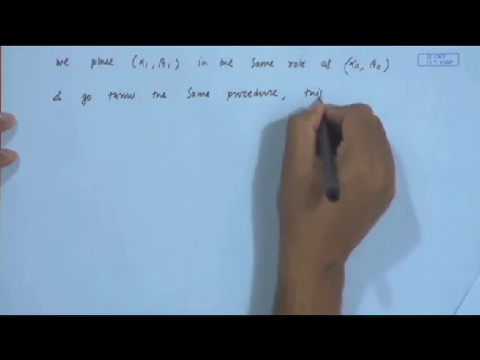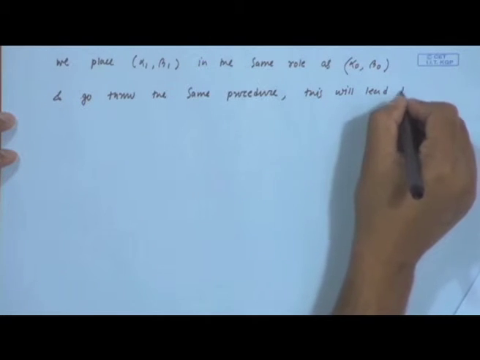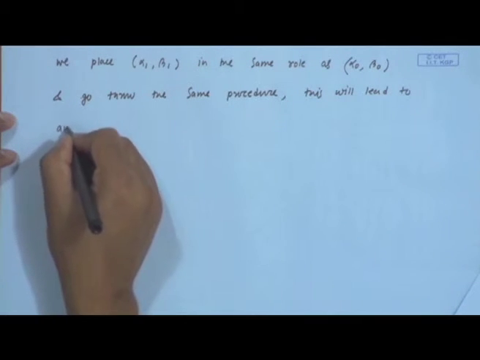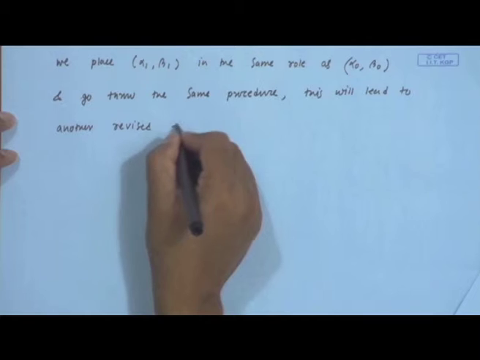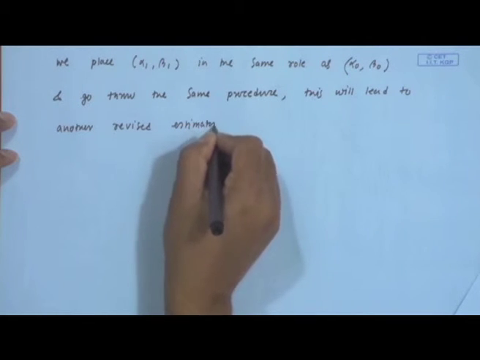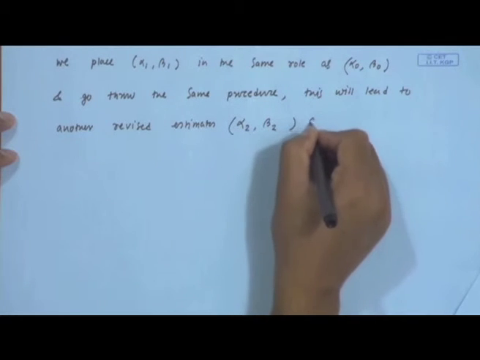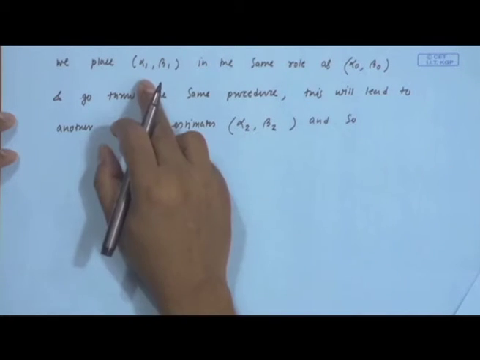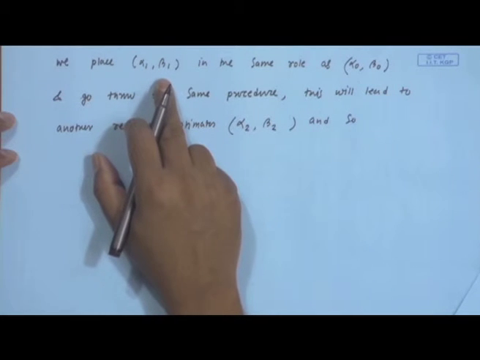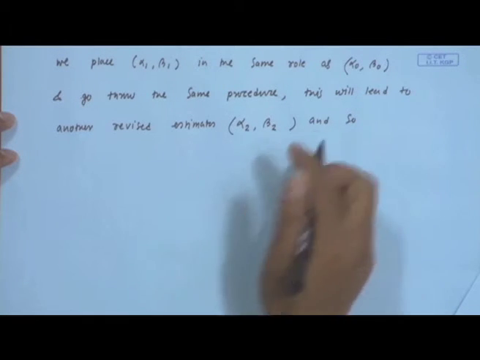So, this will lead to another revised estimate, say alpha 2, beta 2, and so on. We started with alpha naught, beta naught, now we have alpha 1, beta 1, and in the next iteration we will have alpha 2, beta 2.